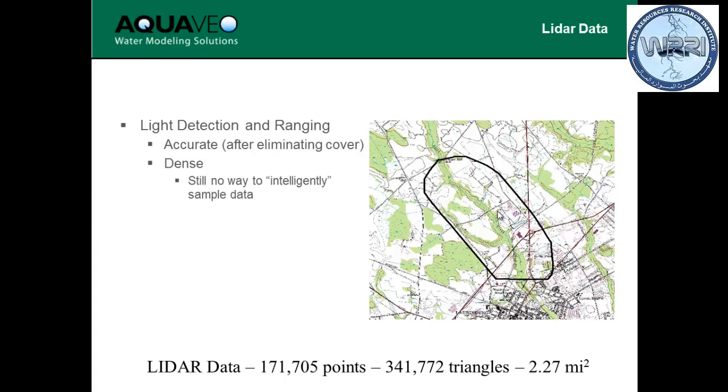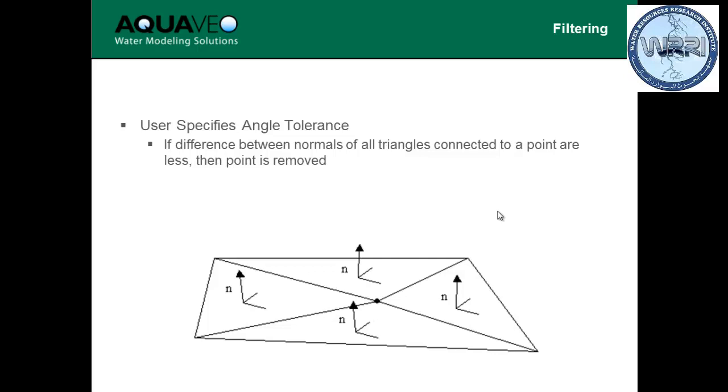If you do have LiDAR data, you end up with a bunch of points, and it's a good idea to thin out those points. WMS has some tools for filtering out points. In the tool, you define an angle, and the angle is the angle between the normals on the adjacent triangles.